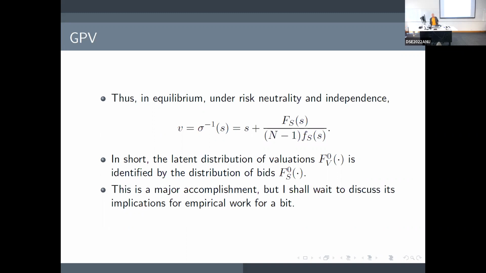Well, it's in terms of things you observe, right? You observe the bids. So you can kernel smooth little f of S and you can kernel smooth big F of S. And now you have an estimate of V. And from that estimate of V, you can kernel smooth.